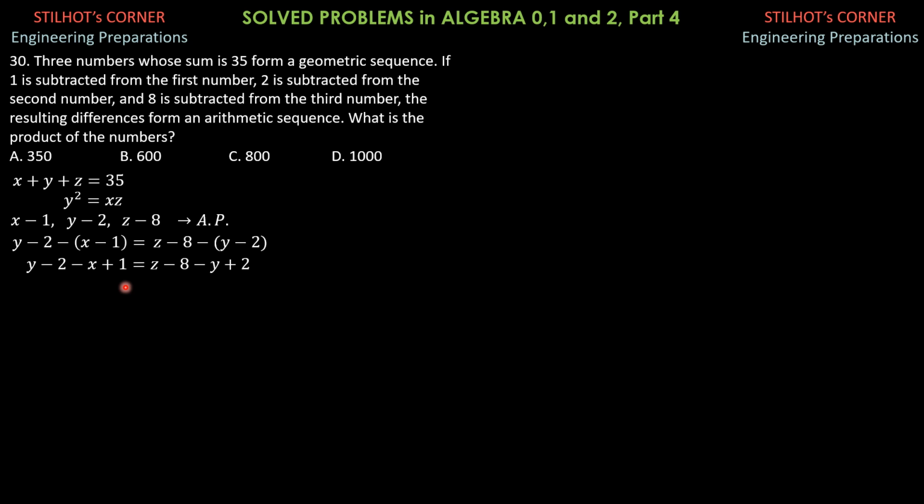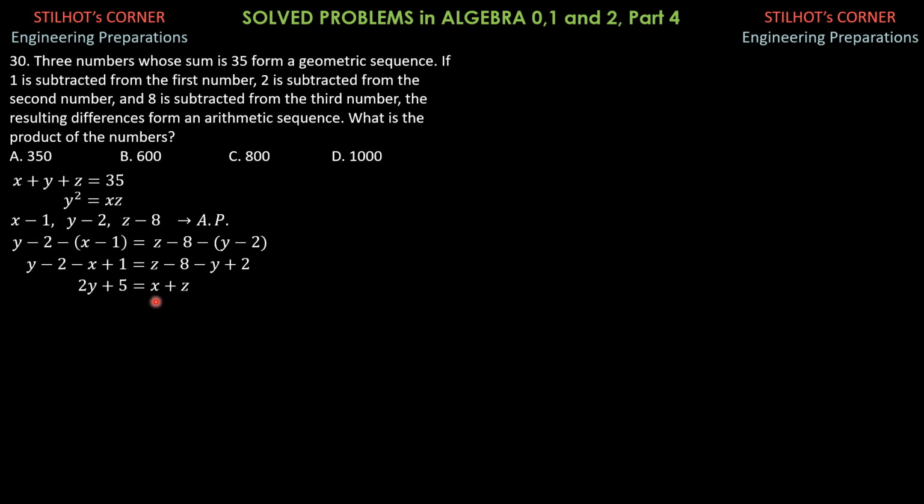So y minus 2 minus x plus 1 equals z minus 8 minus y plus 2. Simplifying, this is 2y, negative 2 plus 1 is negative 1, plus 8 is 7, minus 2 is 5. So 2y plus 5 equals x plus z. So that's the equation.